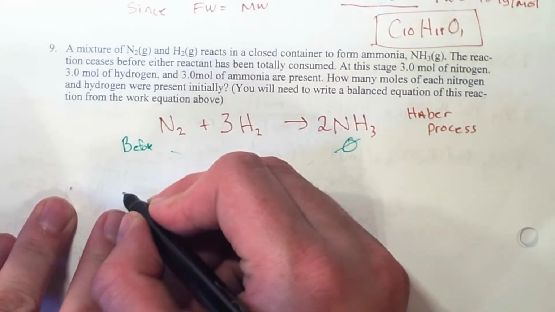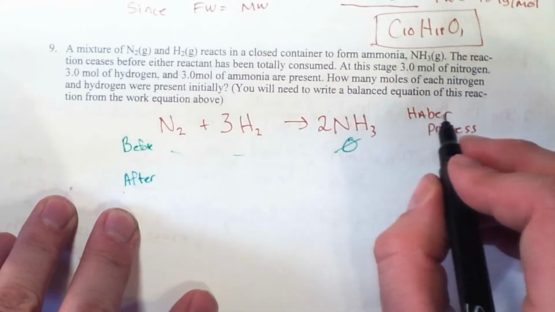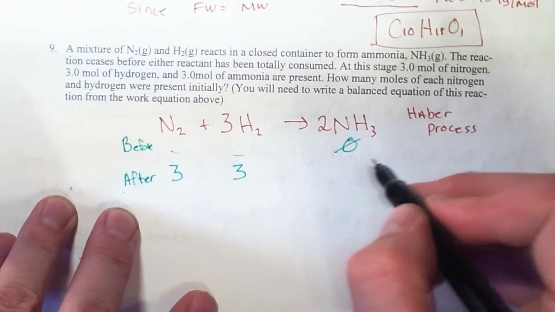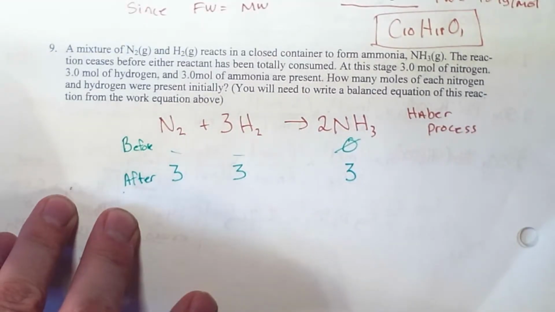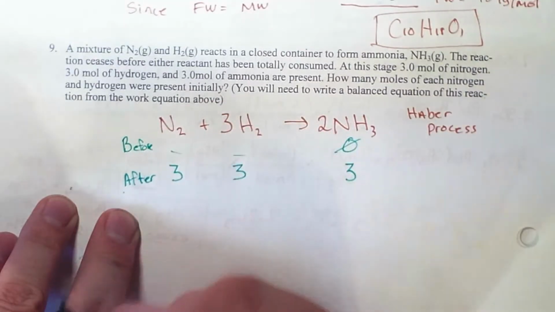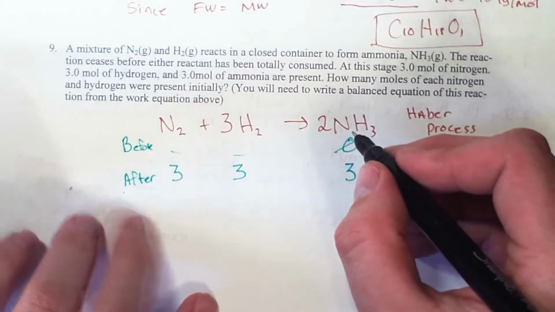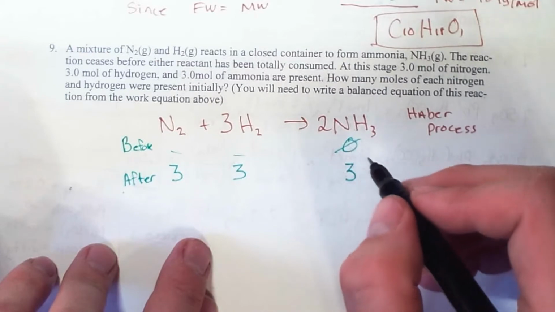So we know after, there were 3 moles of nitrogen, 3 moles of hydrogen, and 3 moles of ammonia present. So it's a little bit of detective work needed, and we can logic this out pretty easily.